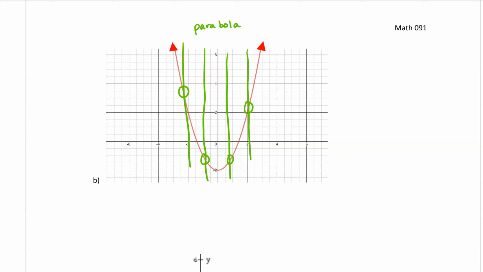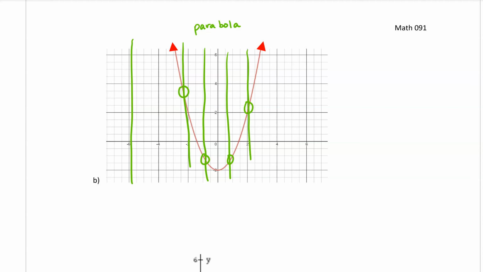And hopefully you can see that I can draw infinitely many vertical lines, but the vertical lines are always going to intersect or cross the graph at only or exactly one location, unless I draw a vertical line off to the side here.